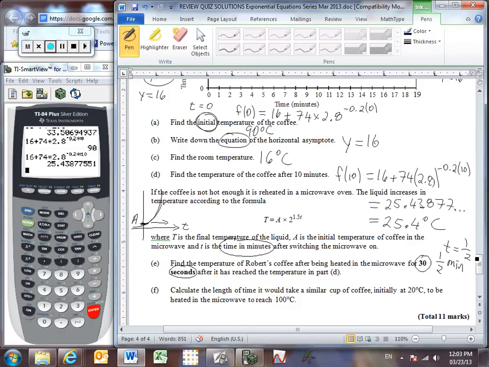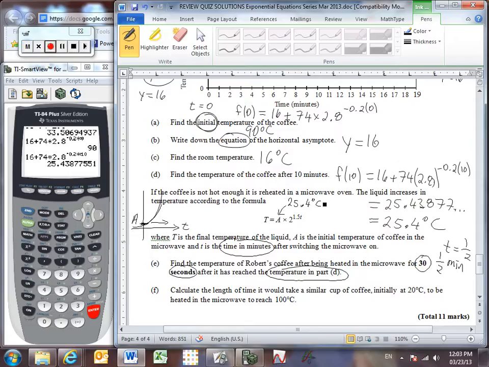After it has reached the temperature in part D. So his coffee went all the way down to, in part D, after 10 minutes, it cooled down to 25.4 degrees Celsius. So that's the initial temperature of the coffee when he put it into the microwave. And it's been heated for 30 seconds.